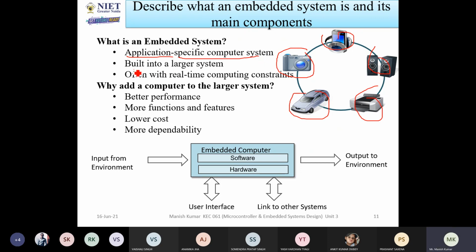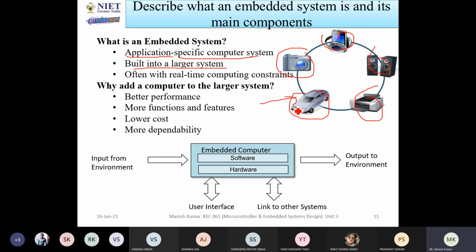Now, it is built into a larger system. Let us consider you have a car. In a car, several embedded systems are available. Generally, whatever embedded systems are available will be part of a larger system. For example, say there is a washing machine. In a washing machine, there is only a small embedded system, in the upper part where the display board is fitted, a little bit below it. The rest of the things are mechanical devices. Okay, so those mechanical devices are controlled by a system that is called an embedded system.